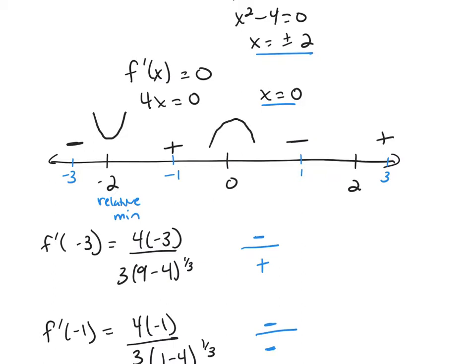So this would be a relative maximum. And then here my function goes from decreasing to increasing, so it's a relative minimum. And so now I've got 2 minimums. My x values are -2 and 2.